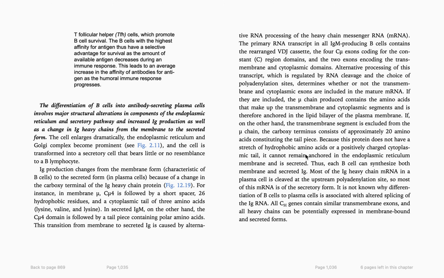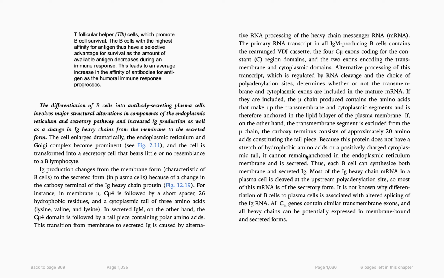So the differentiation of B cells into antibody secreting plasma cells involves major structural alterations in the components of the endoplasmic reticulum and secretory pathway, an increase in Ig production, as well as a change in Ig heavy chain from membrane to secretory form. The cell enlarges dramatically and the endoplasmic reticulum and Golgi apparatus become prominent.